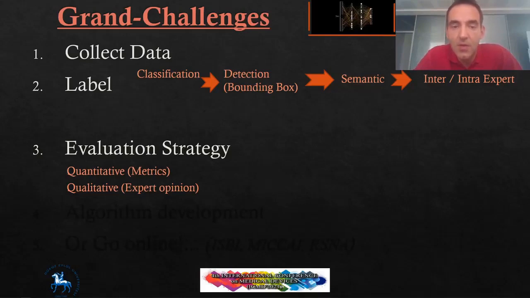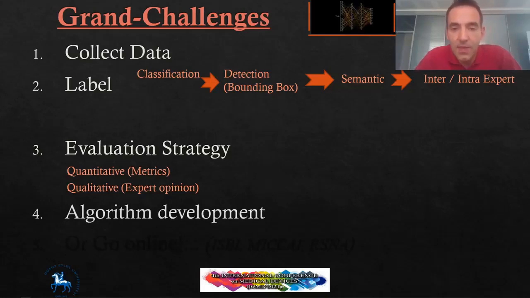So you are not usually trying to reach a 100% success rate in terms of quantitative metrics, but you are trying to reach the inter- or intra-expert variability level to call your model a successful model.